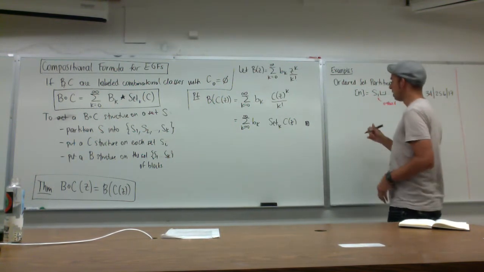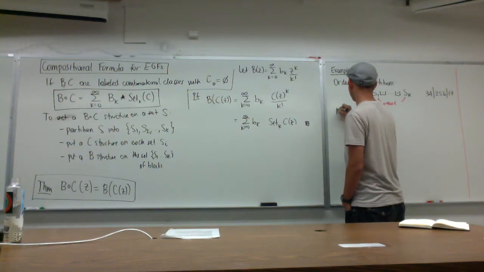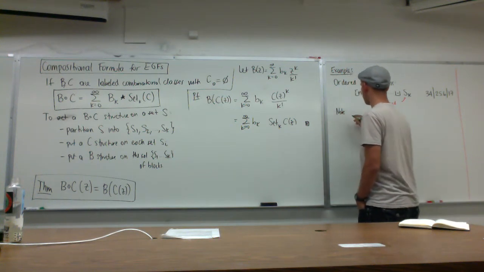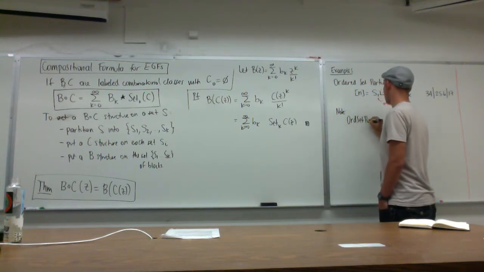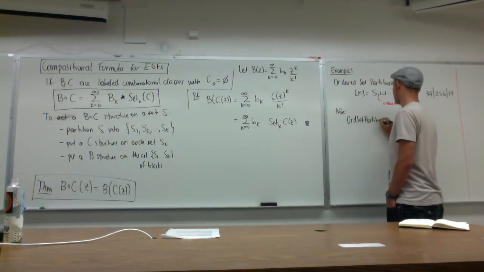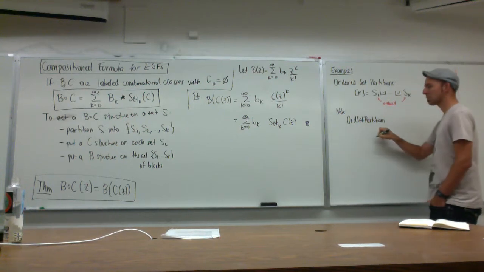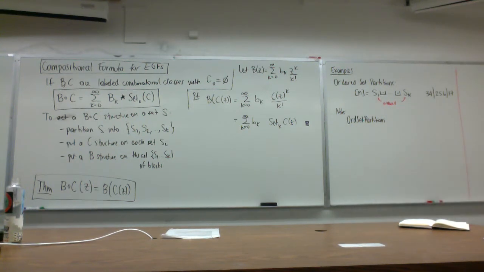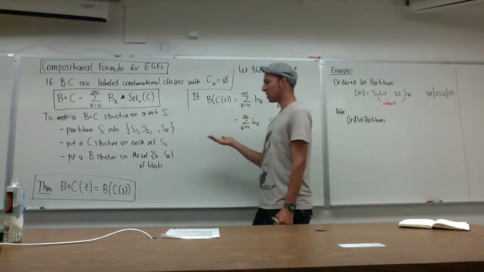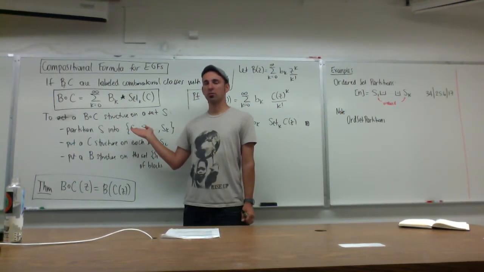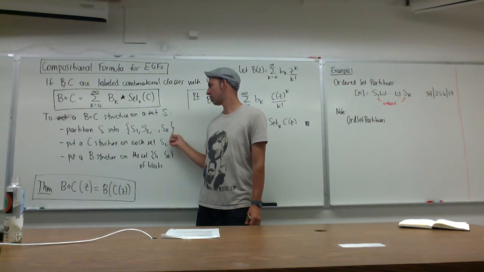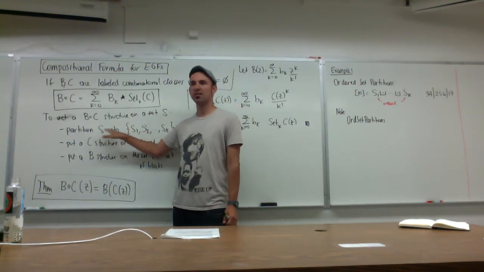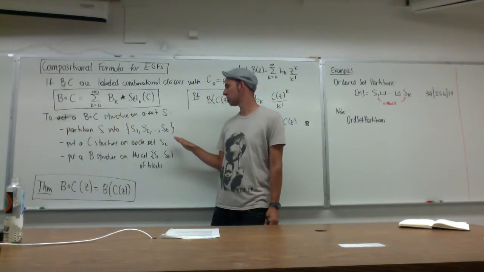Because what is an ordered set partition? This is going to be my name for the combinatorial class. Well, what I'm doing is partitioning my set S into some subsets as a partition.